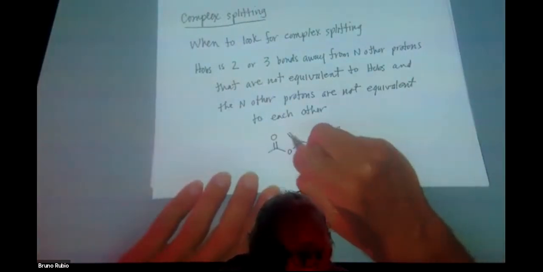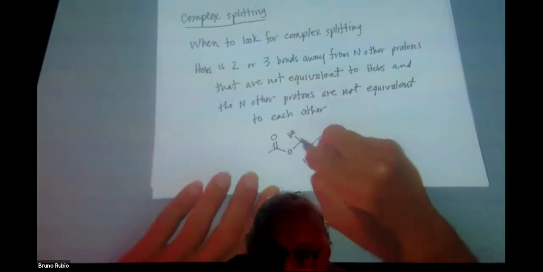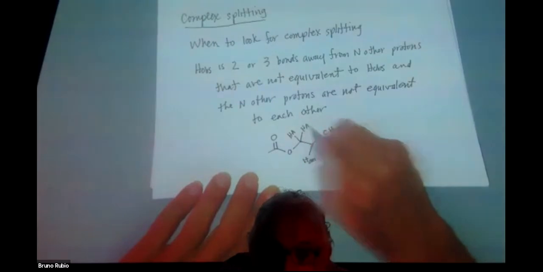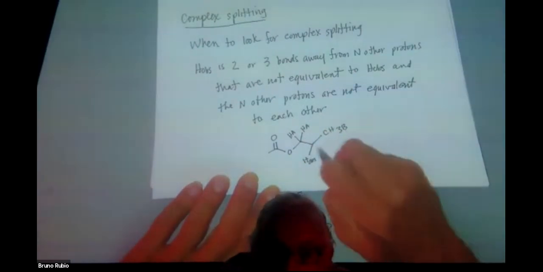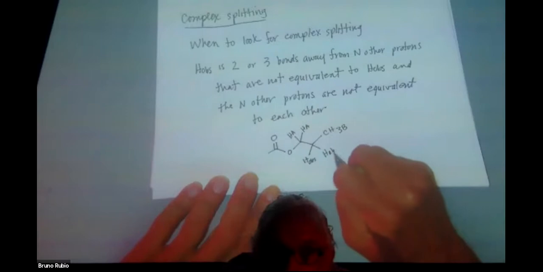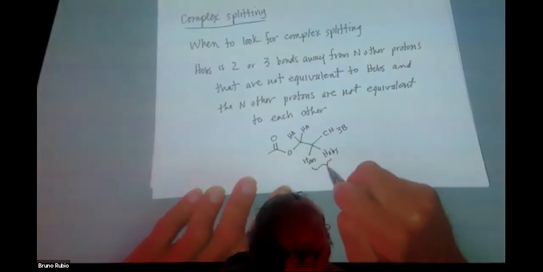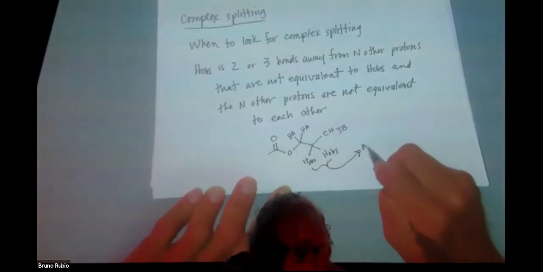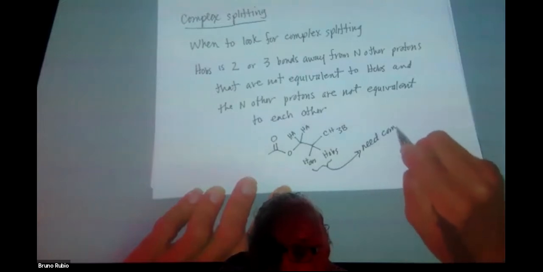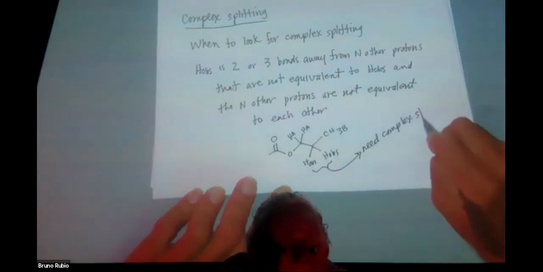And so here's an example where we're going to need complex splitting. The H observed is split by the HA. The H observed is also split by the HB, but the HA are not equivalent to the HB. So that's when we need complex splitting. So for these guys right here, we need complex splitting.